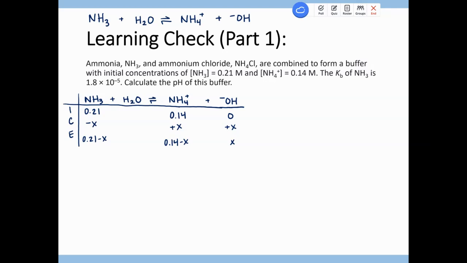So we will use Kb, which is the K expression: the concentration of products, NH4+ times OH-, divided by the concentration of NH3, and that will be equal to Kb. We can use that value to then solve for X, or the OH- concentration.